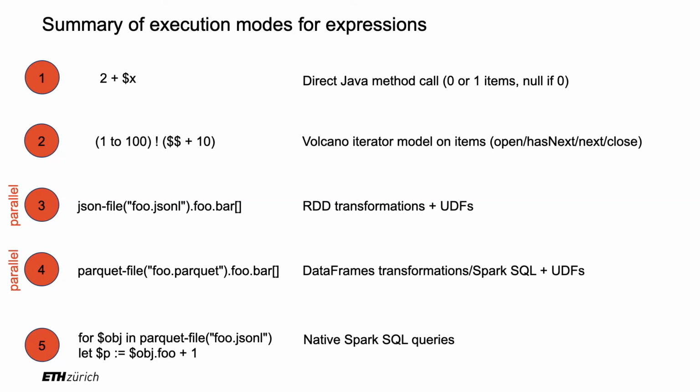What will RumbleDB use if it is not using Spark? If it's not using Spark, it's just going to run in Java native. So it's literally just going to be Java code that executes on your machine or remotely on the cluster, right? That's the idea. So these are all ETH students who implemented that, yes?